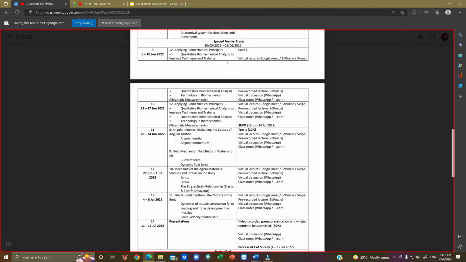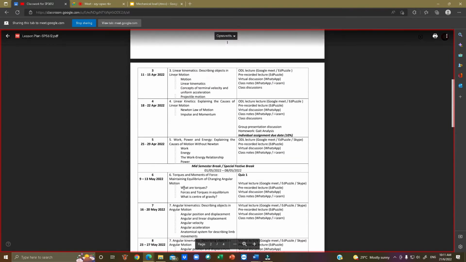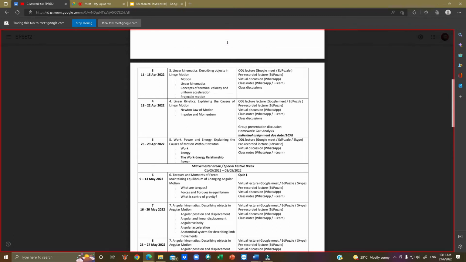This topic is actually a subtopic of the chapter on kinetics. If you still remember earlier this semester, in week 4 and week 5, we talked about Newton's laws of motion, the mechanical basis of human motion, F equals ma, where we have forces which we can further explain in terms of inertia, mass, weight, impulse momentum, and work, power and energy.